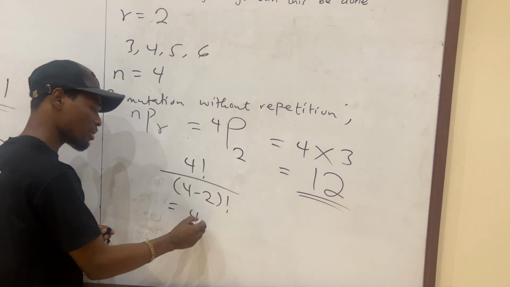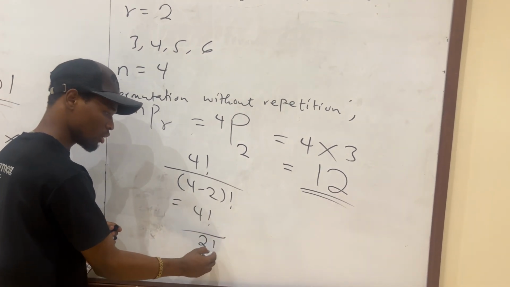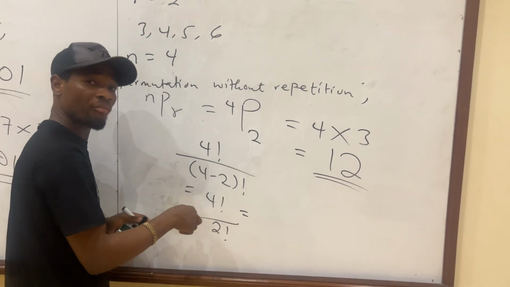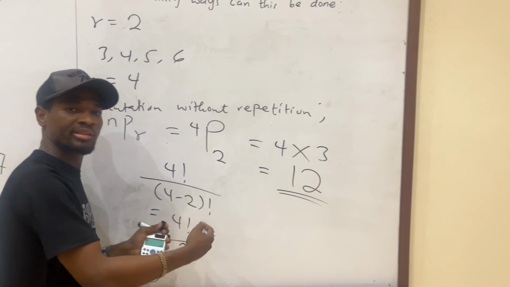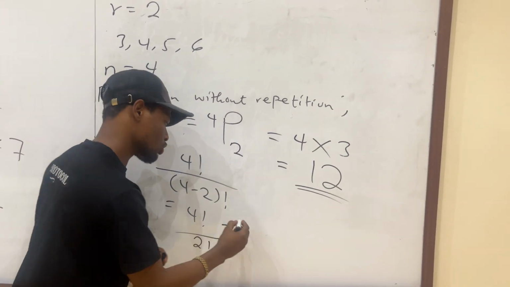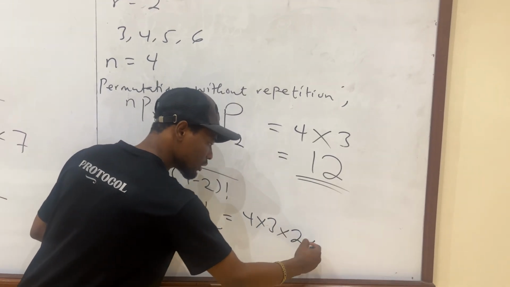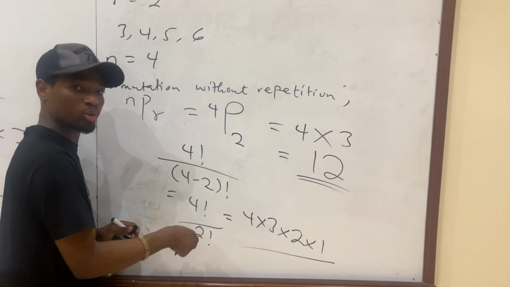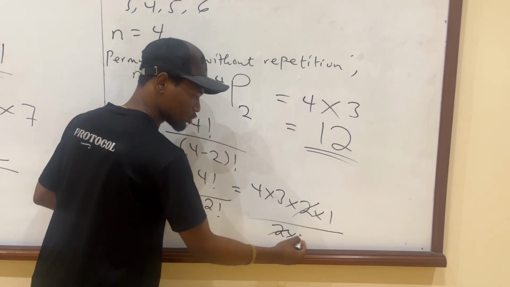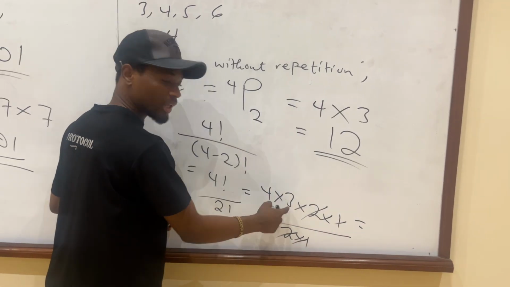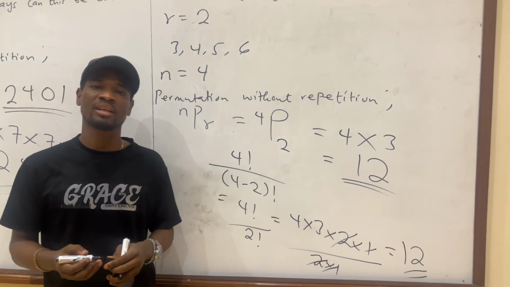So we have 4 factorial over 2 factorial. 4 factorial means you multiply 4 in descending order until you get to 1, then you stop: 4, 3, 2, 1, all over 2 factorial, which is 2 times 1. So 2 cancels 2, 1 cancels 1, 4 times 3 equals 12. So they are just the same.